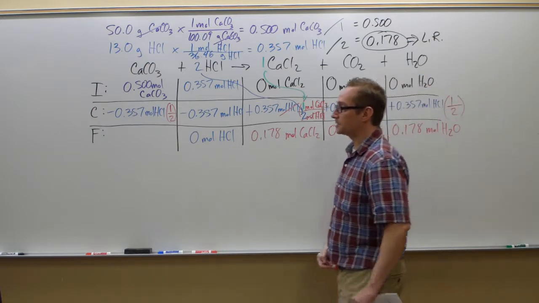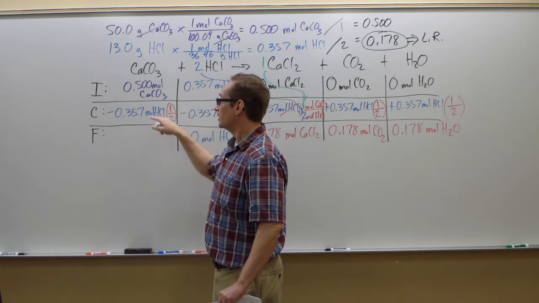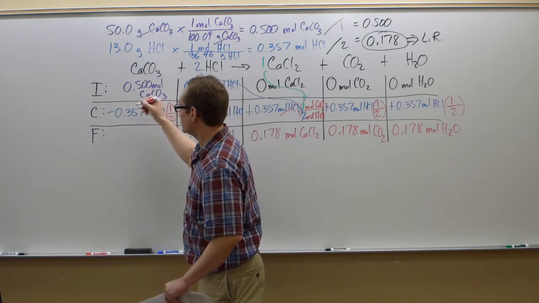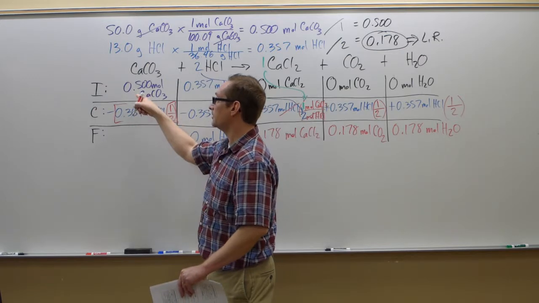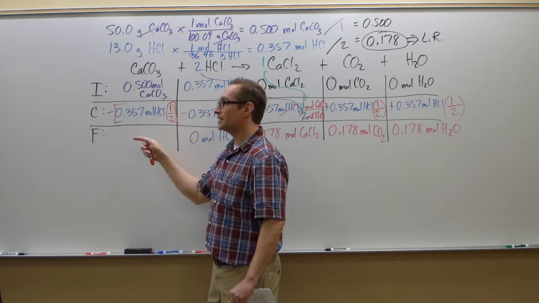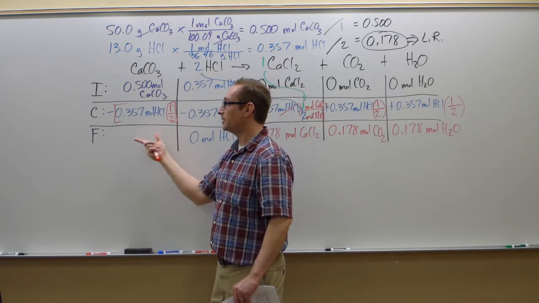All right, last box we got to fill in is the final amount of our excess reactant. What goes here is we say, okay, let's go ahead and subtract this entire quantity from the initial. So if we say 0.500 minus 0.357 times a half, we would get some answer here.